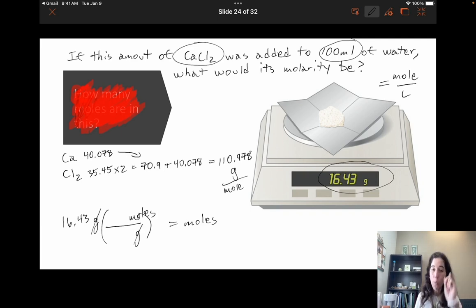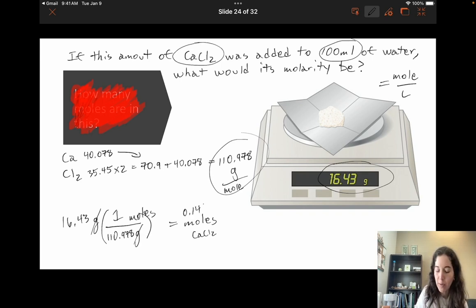And we know that inside 1 mole, there are 110.978 grams of calcium chloride. So 16.43 divided by the 110.978 would give you 0.148 moles. We're not done yet. We've still got to deal with the liters situation.